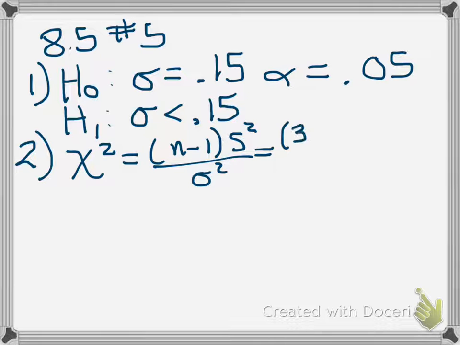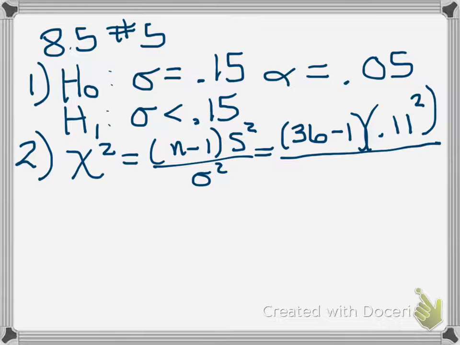So that'll be n, 36 minus 1, times s squared, and it says these volumes have a mean of 12.19 ounces and a standard deviation of 0.11 ounce. So for s, we're going to use 0.11 and square that. Okay, so that's s squared. Divided by sigma squared up in step 1, sigma is 0.15 squared.